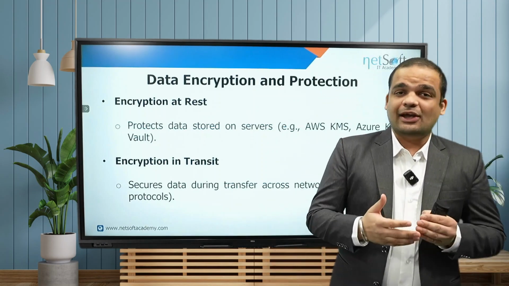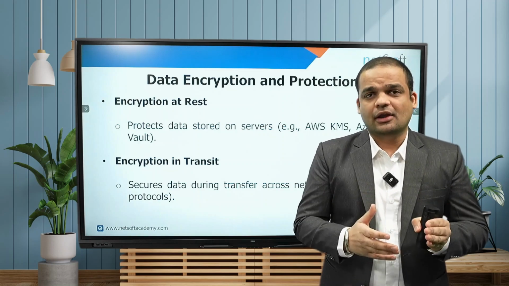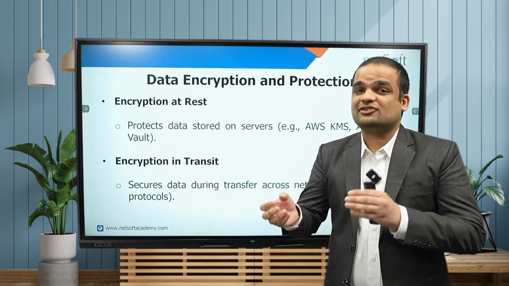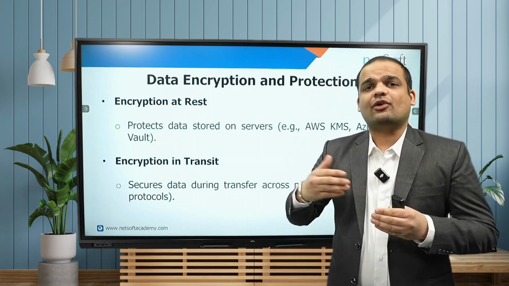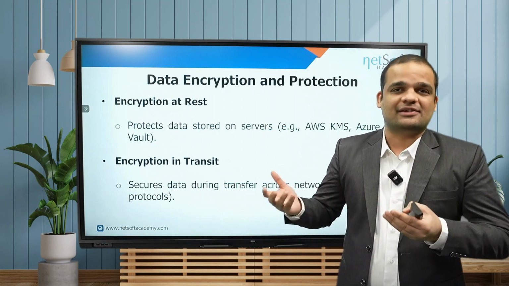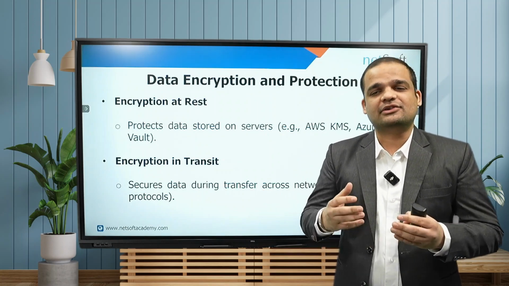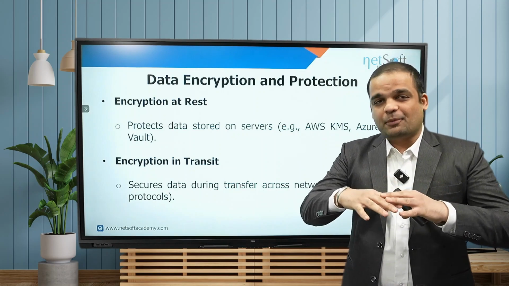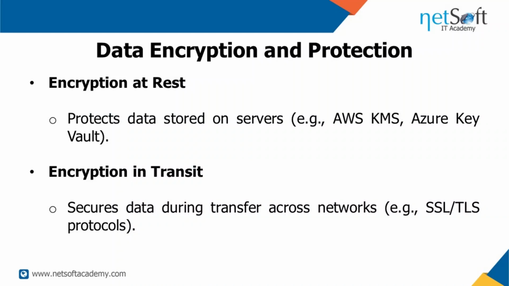The next one is data encryption and protection. Securing data is super important. It's vital both when it is stored, meaning at rest, and when it is transmitted, meaning in transit. Here's how encryption helps achieve this protection layer. The first one is encryption at rest.